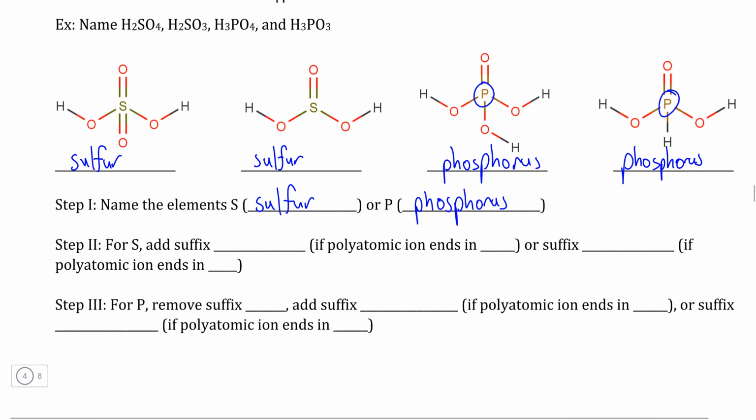Next, we remember that if the polyatomic ion ends in ATE, we replace it with the suffix ic acid.